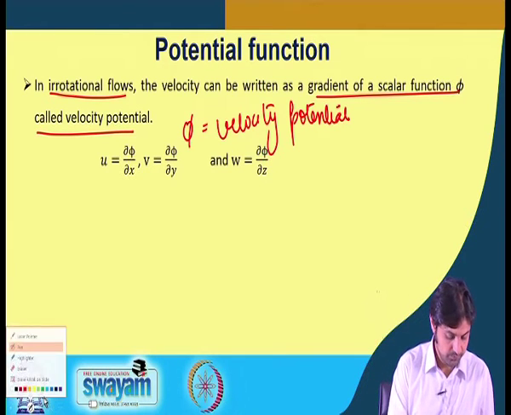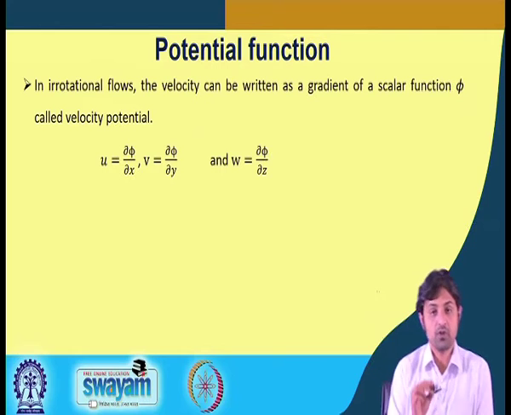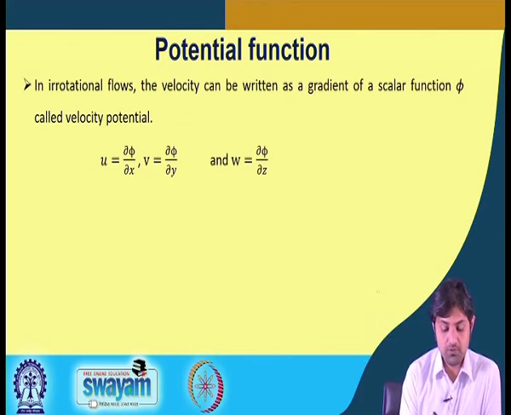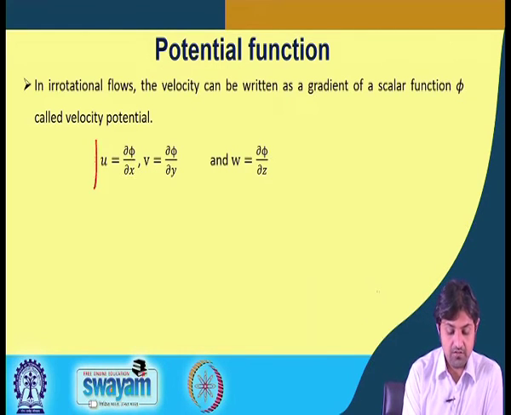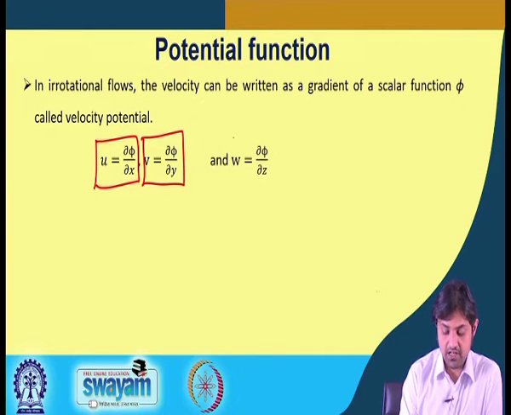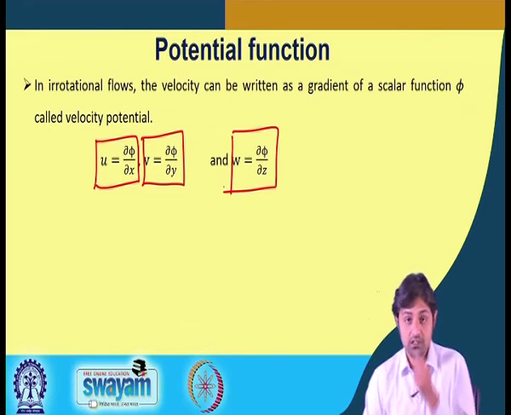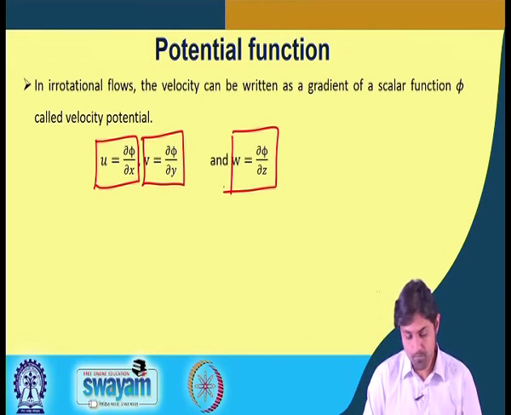Therefore, u in terms of velocity potential is written as del phi by del x, v is written as del phi by del y, and w is written as del phi by del z.